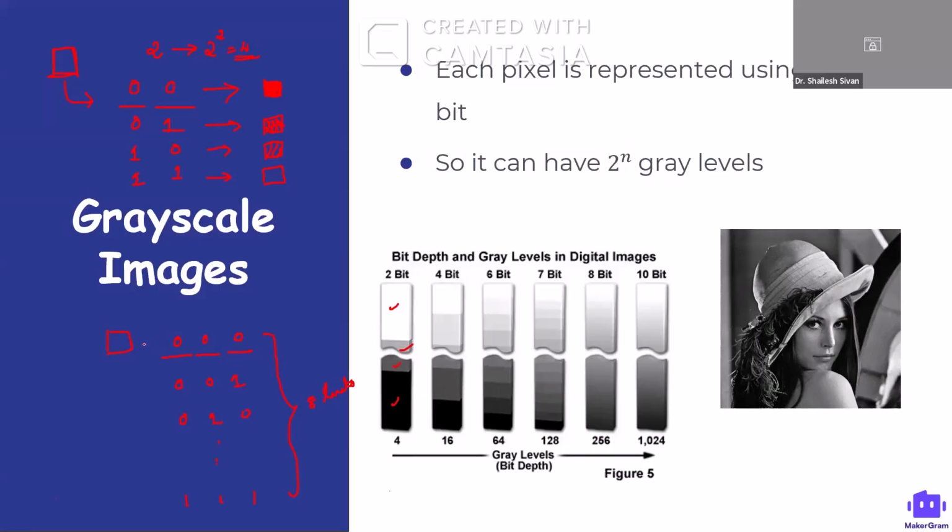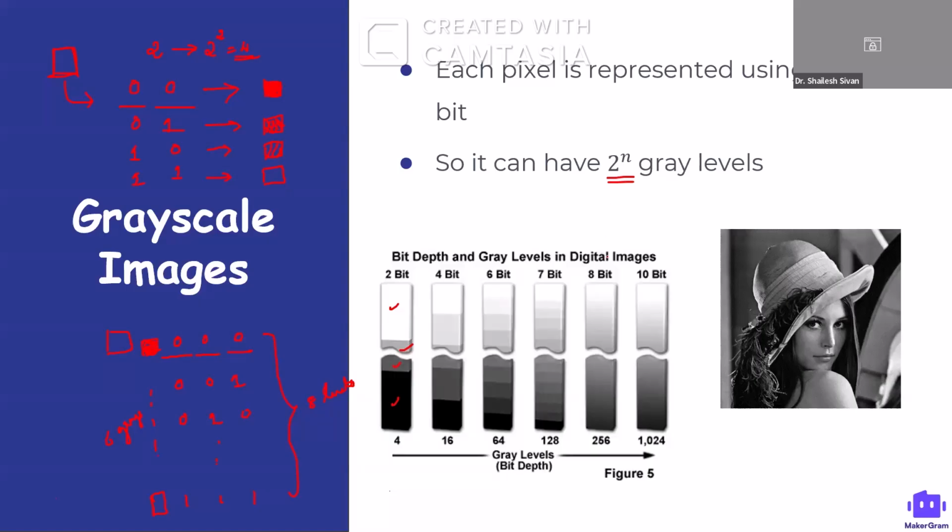This is the core black and this is the white, and in between there are 6 gray levels. Is it clear? So if you have n bits to represent a pixel, then you can have 2 raised to n different levels of gray.